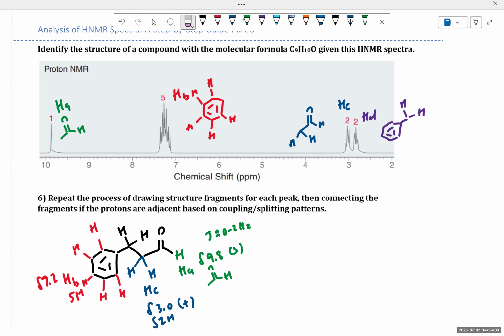The two adjacent protons that are causing this splitting pattern are proton D, which integrate for two hydrogens, which explains the observed multiplicity, and they have a chemical shift of around 2.8, and they're also a triplet. What's causing that splitting? The coupling between these adjacent pairs of two protons each.